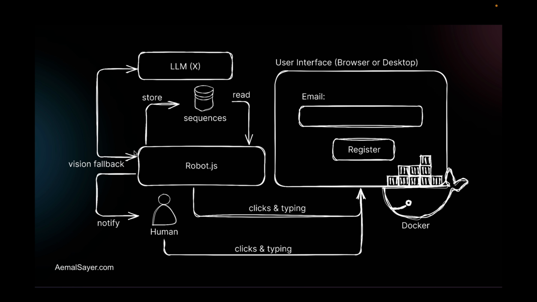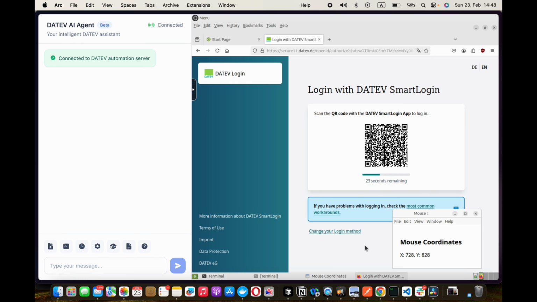If there is a blockage in these sequences of clicks, then we will have a vision fallback to an LLM. And that will basically be done with this tiny Electron.js app, or at least this tiny Electron.js app will provide data to that LLM that later on will be used for unblocking the entire thing.